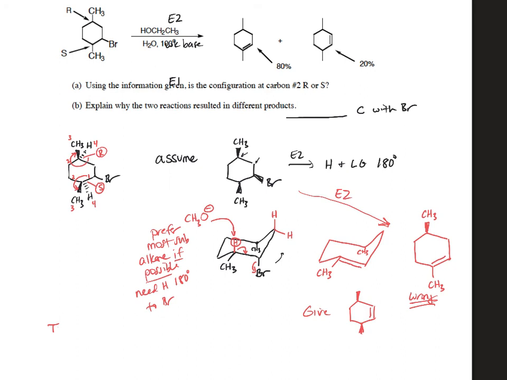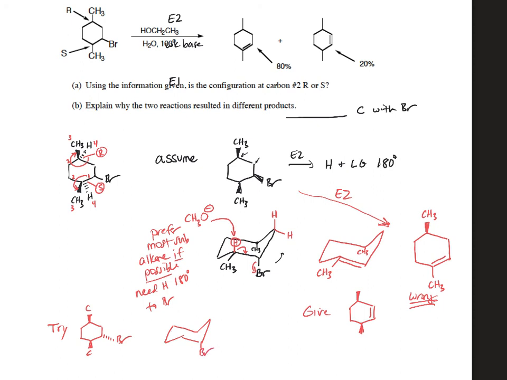So if we do that, let's try this guy. So the CH3's up, CH3's down, and I'm going to try the bromine going back, like that. So with the bromine going back, do the chair form. We'll put the bromine axial, because that's where it has to be.